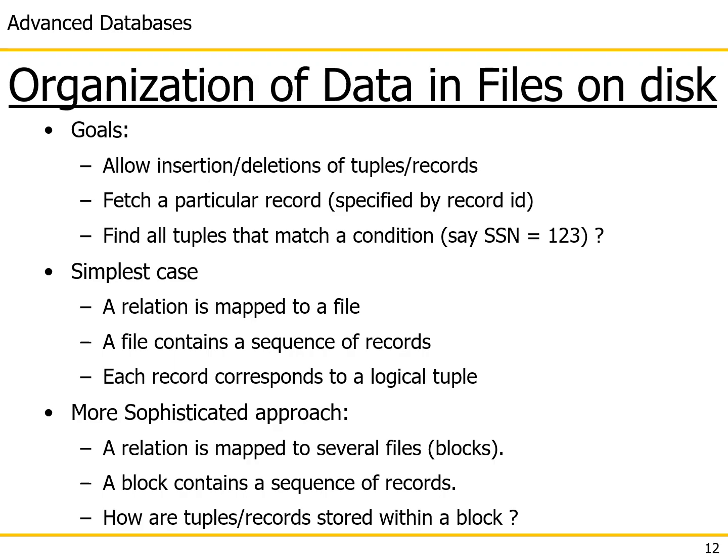But then you need to keep track of things. You need to know that in this file or block or page, I'm storing from row number 1 to row number 20,000. And in the second one, I'm storing from row number 20,001 to row number 40,000. And in the third one, I'm storing from row number 40,001 to 60,000. And it goes like this, okay?